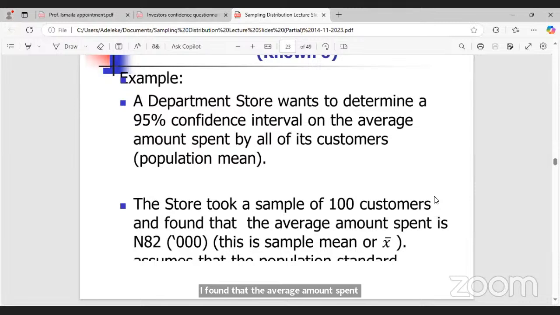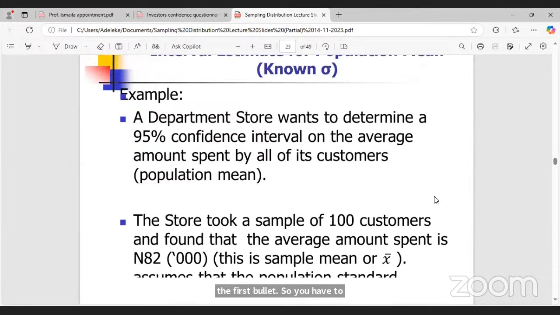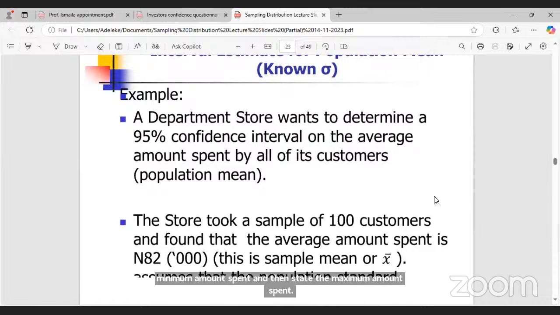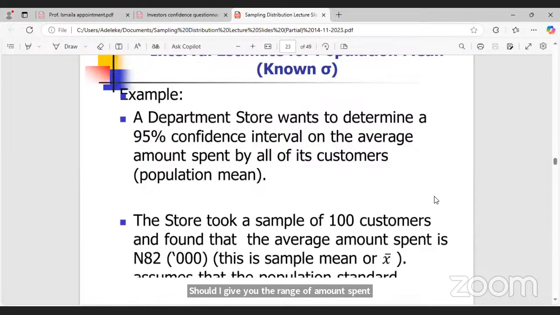So you have to estimate the average amount spent, that is, construct the confidence interval for it. That means you will state the minimum amount spent and then the maximum amount spent. So that gives you the range of amount spent by the customers in that particular department store.